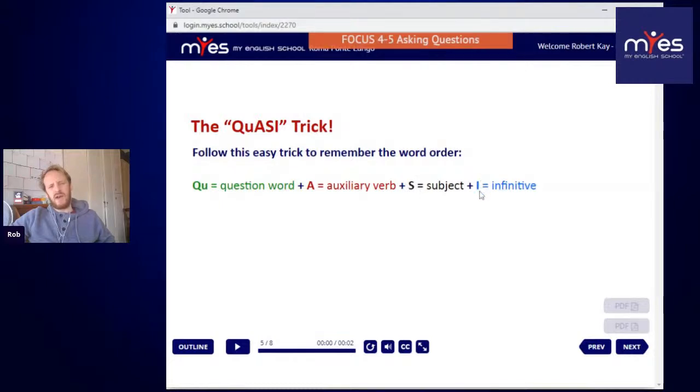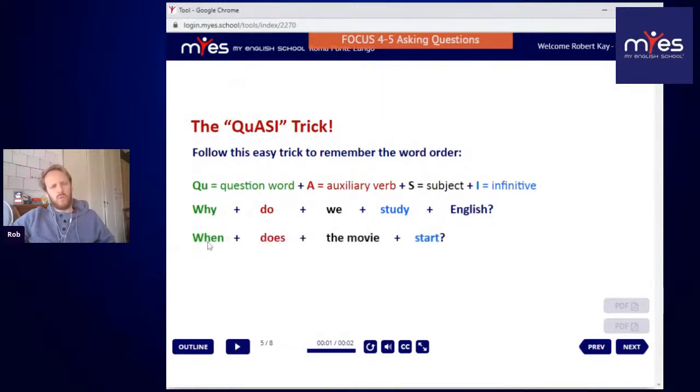And finally, you have infinitive verb. So, for example, why do we study English? Or when does the movie start? Remember, this is not with the verb be. This is just with normal verbs.